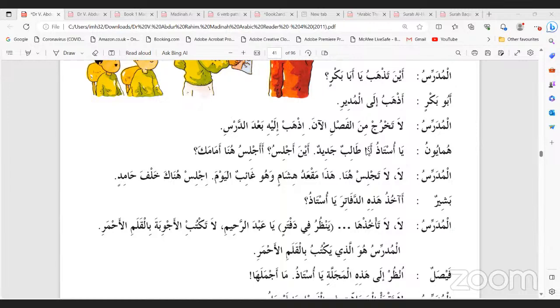No, don't sit here. Haza maq'adu Hishamin wa huwa ghaibun al-yawma. This seat is Hisham's and he is absent today. Ijlis hunaka khalfa Hamidin. Sit there behind Hamid.